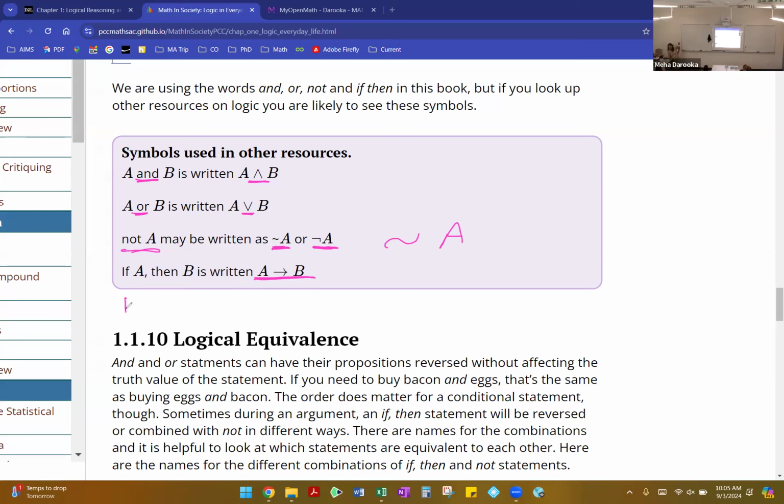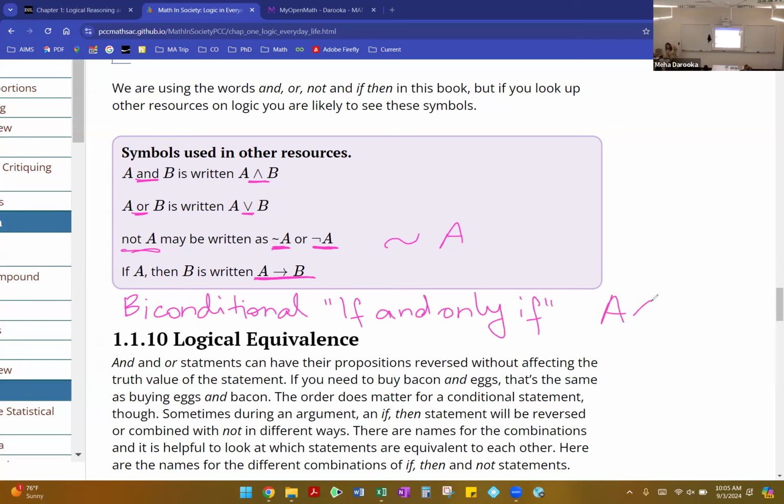Now, for some reason, and I don't know why, the textbook doesn't talk about the fourth connector here, which is a biconditional statement. So you have the conditional statement, right, which is in one direction. Biconditional, by the name of it, should tell you it can go in either way. And the connecting words for that are "if and only if."